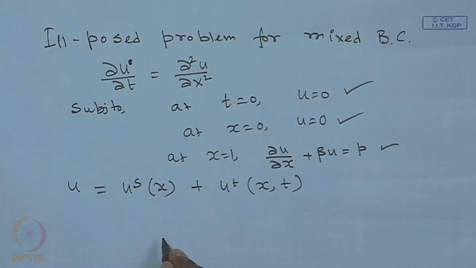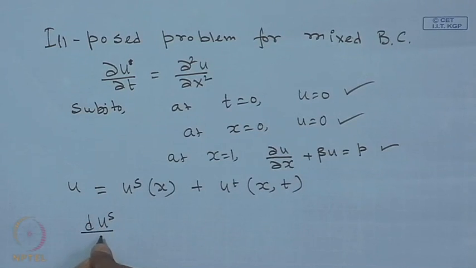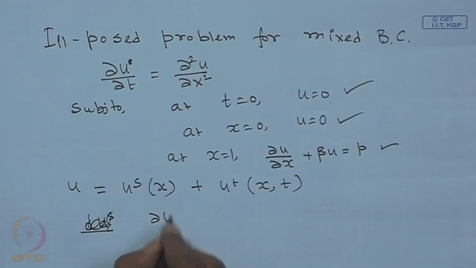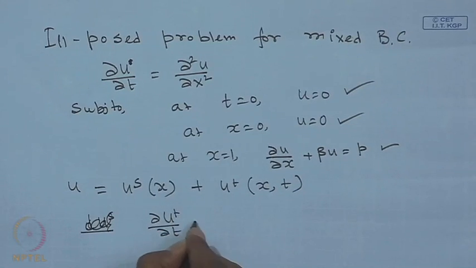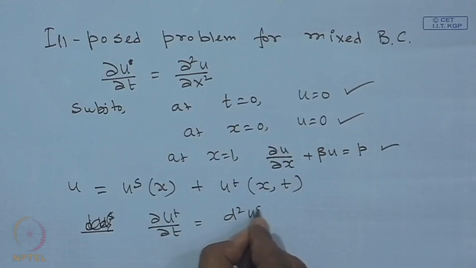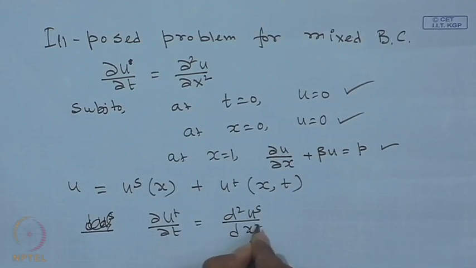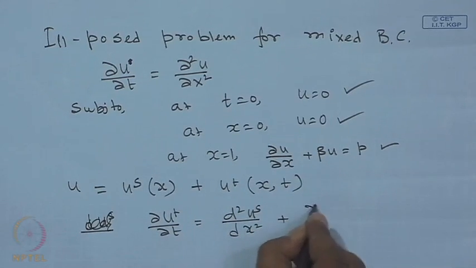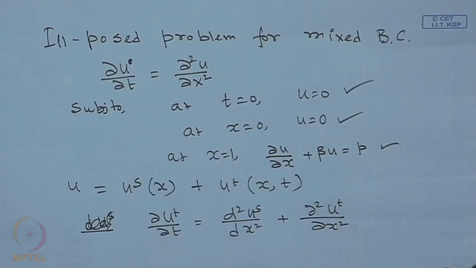which is a function of time and space both. Now, you substitute in the governing equation. This becomes d u s, del u t del t, because u s is a function of space alone, equal to d square u s d x square plus del square u t del x square.